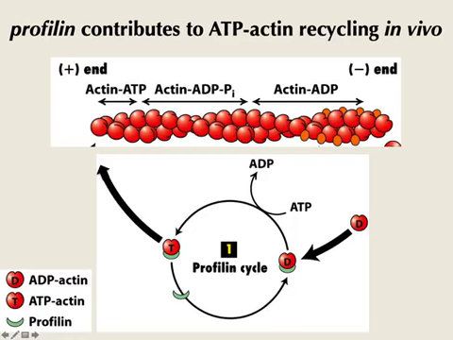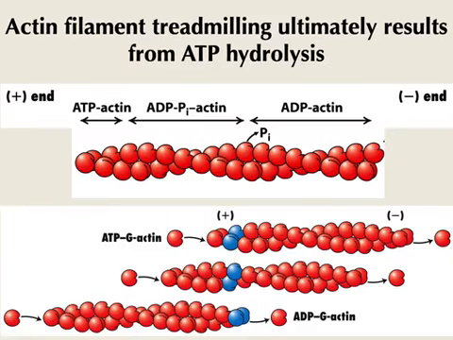So you have somewhat of a coupling between this exergonic reaction of hydrolyzing ATP and the endergonic reaction of actin treadmilling exerting force through polymerization on the plus end, depolymerization on the negative end.